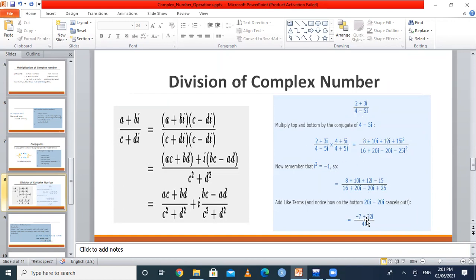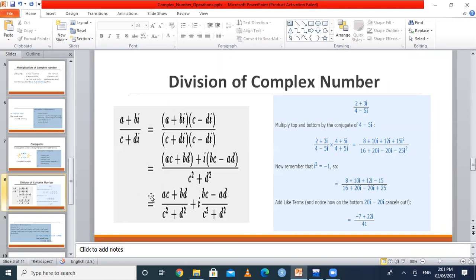So you are getting final output like this: minus 7 plus 22i divided by 41 whenever we are going for this division between two complex number. So the process of division is, step number 1, we have to multiply the numerator and denominator by the complex conjugate of the denominator, and then you separate out the terms of I and non-I, and then you can go for it like this.